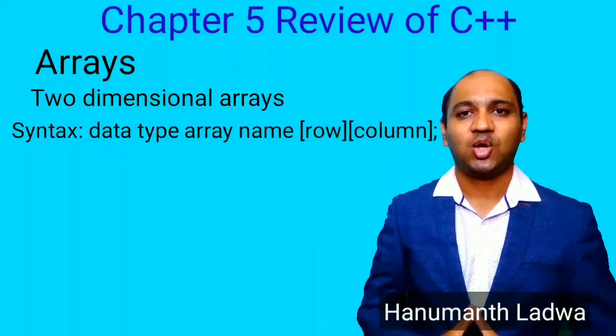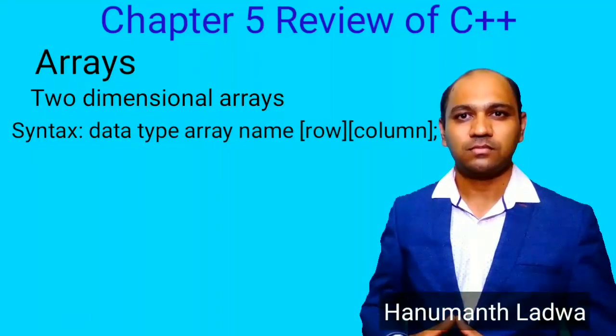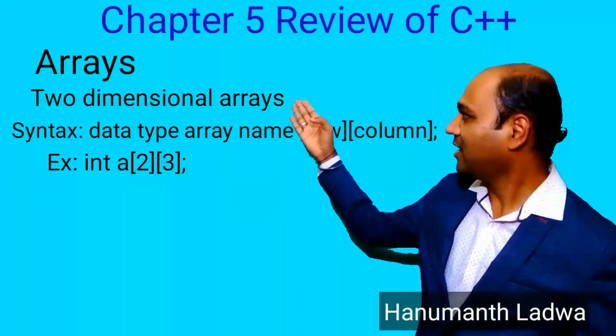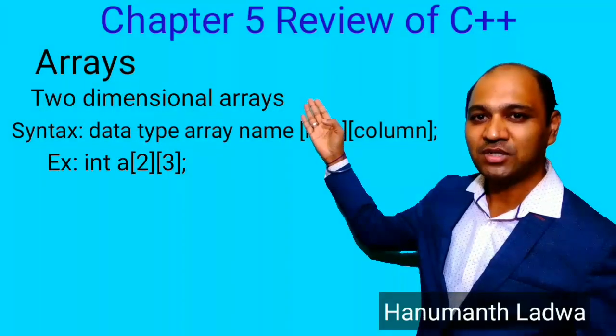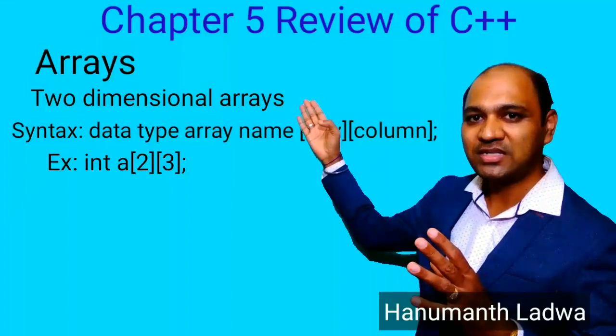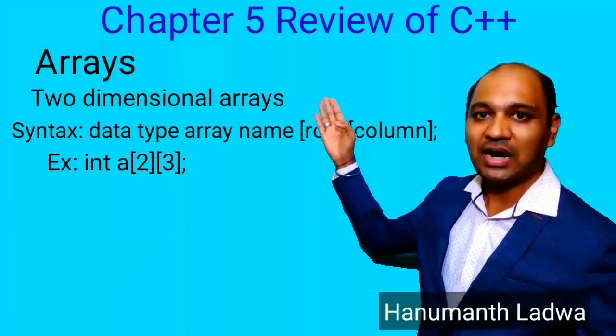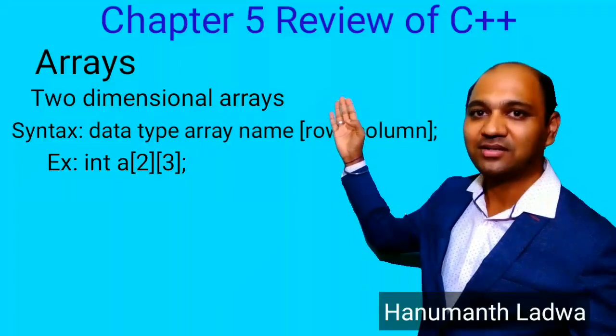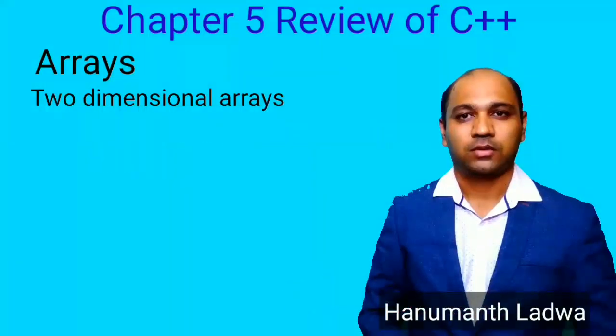And now let us take one example. Let us take data type int, array name as a, and inside the first square bracket, that is row size, we are going to take 2, and the next subscript, that is column size, is 3 and then put semicolon.